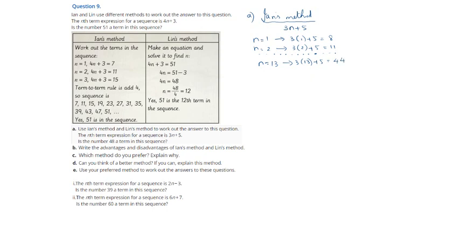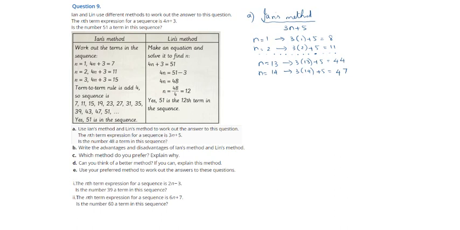Let us take n is equal to 14. So 3 times 14 plus 5. 3 times 14 is 42. 42 plus 5 is 47.